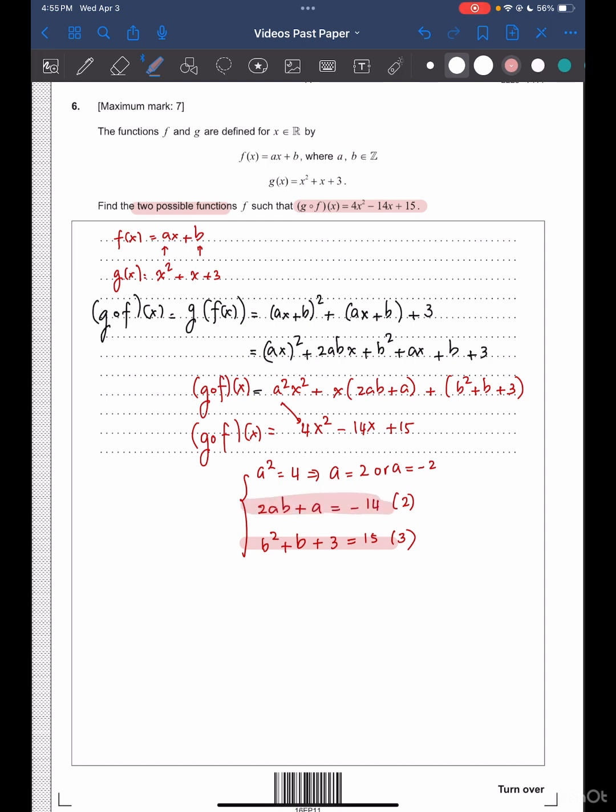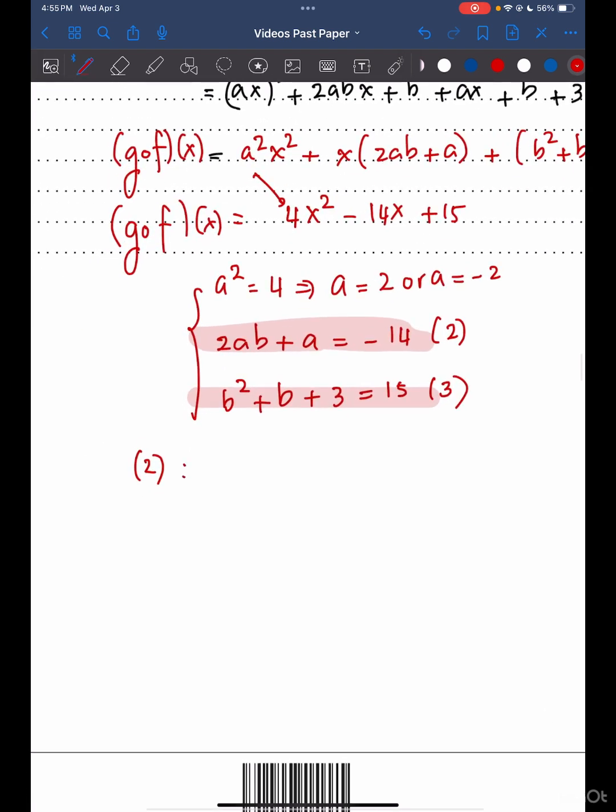For equation 2, we have 2ab plus a equal to negative 14. If a equals 2, then 4b plus 2 equals negative 14, so 4b equals negative 16 and b equals negative 4.